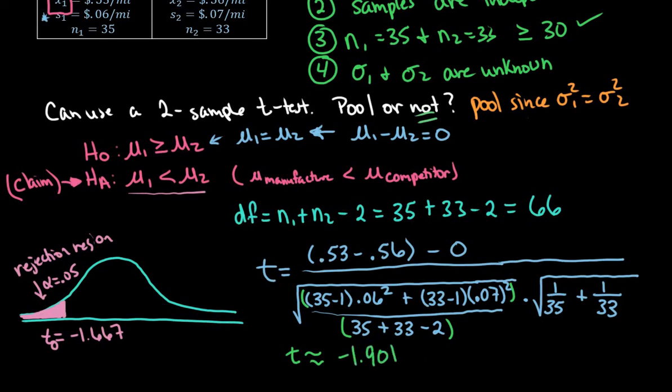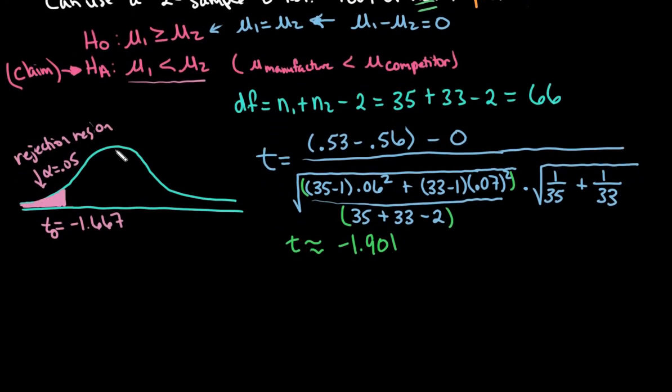Now, to make your decision when you are doing this using the rejection region decision rule, you use your model like a number line. So basically it's centered at 0. Any t-scores that are positive would go to the right, negative goes to the left. And we want to see where negative 1.901 falls on a number line, and we can see that it falls down here.